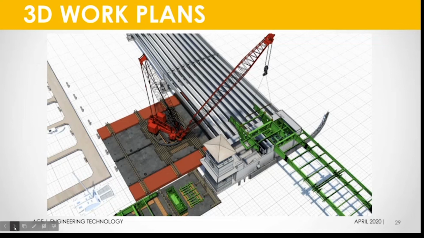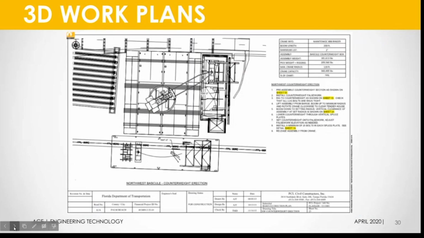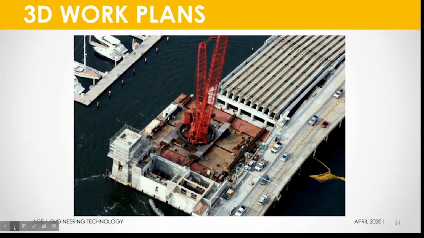Then we take this model, and on the next page here, now we've actually turned it into a full work plan where we've got all of the particular details, the exact sequence, all the kind of things that you would need to be able to actually perform this lift out in the field. And on the next slide, this is an aerial image of that exact work actually happening. So you see, we've really come full circle here, not only with the technology, but just with the 3D models in terms of making things real.